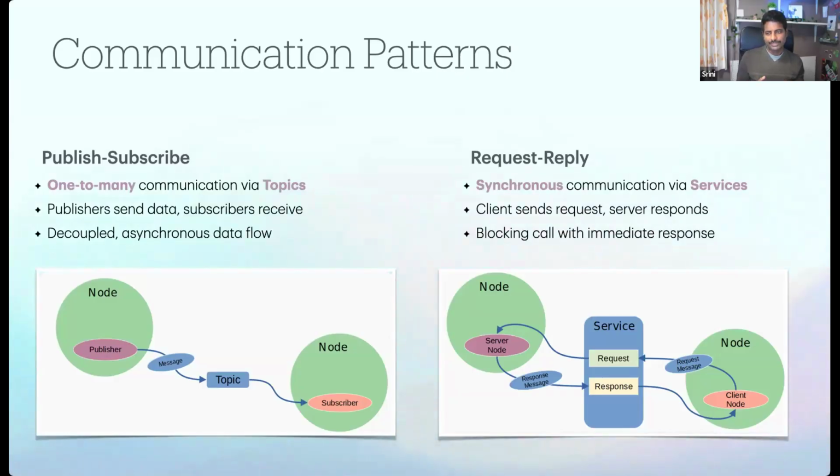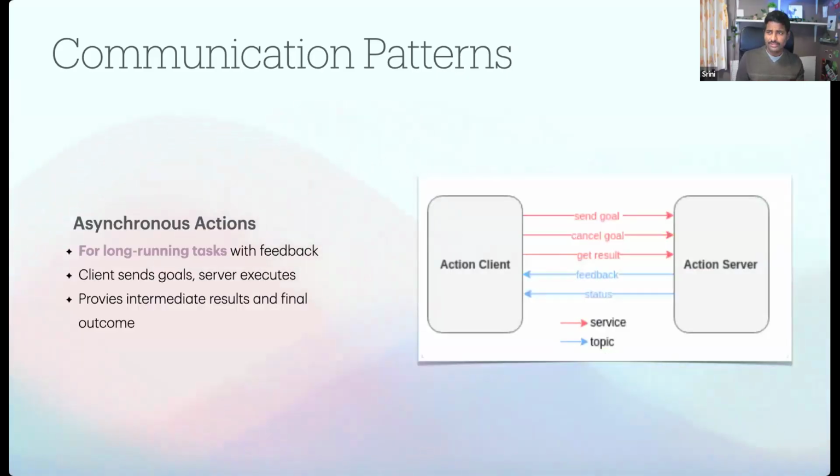So for operations that are a little bit longer running, you use the service architecture. And then there is something else called action clients. These are for services that are running much longer. For example, in the previous setup, if you have a service that is running for, let's say, 10 seconds, you can have a service architecture.